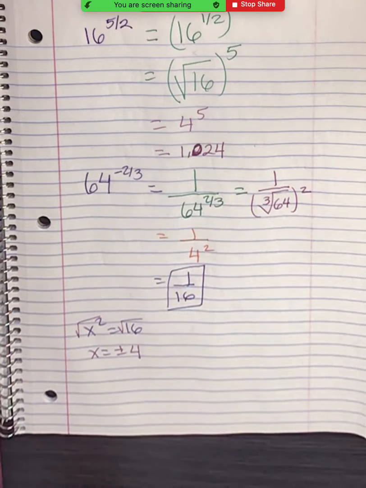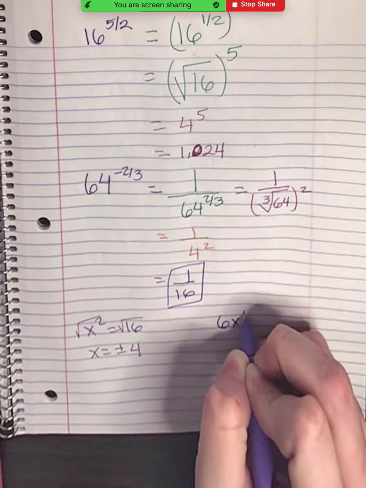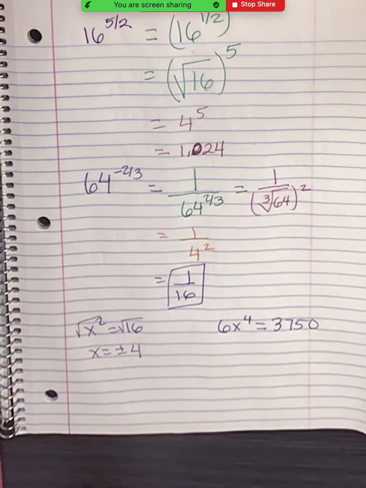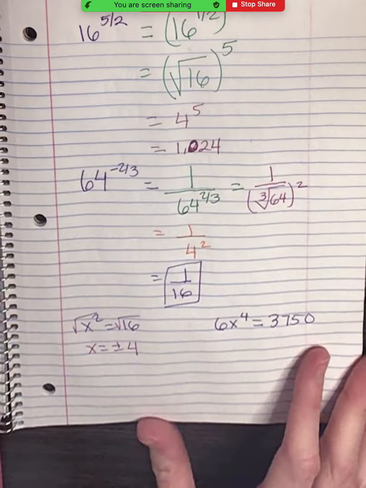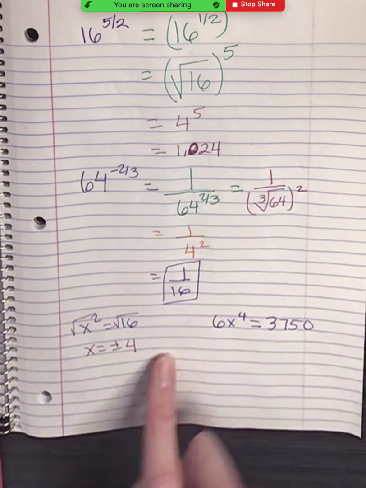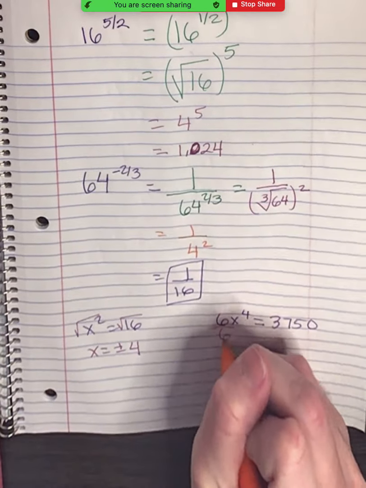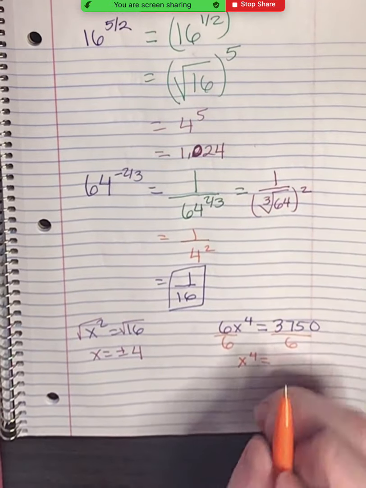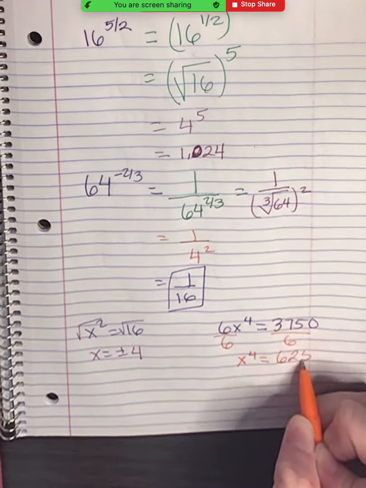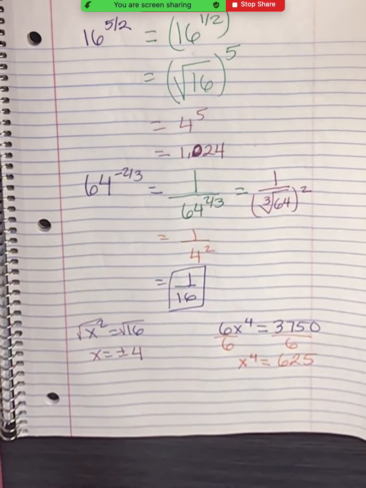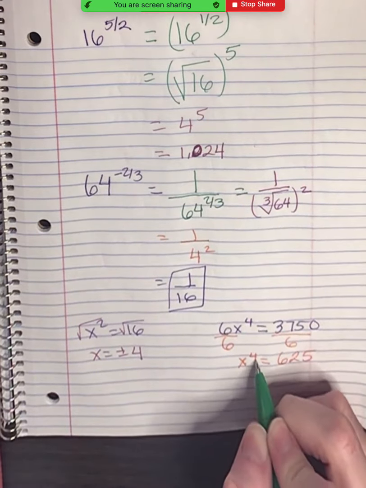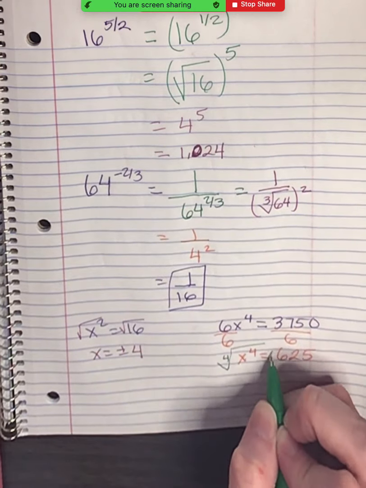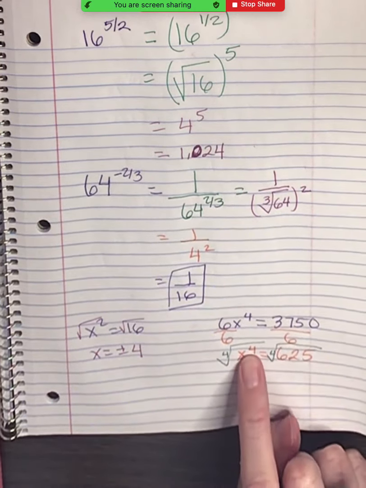So if I said 6x to the 4th was 3,750, could we solve for x? And now we can. So we're going to isolate the power. So I'm going to divide both sides by 6 first. And I get x to the 4th equals 625. Okay? Then to the power of 4, so I need to take the 4th root of both sides. It's an even power.